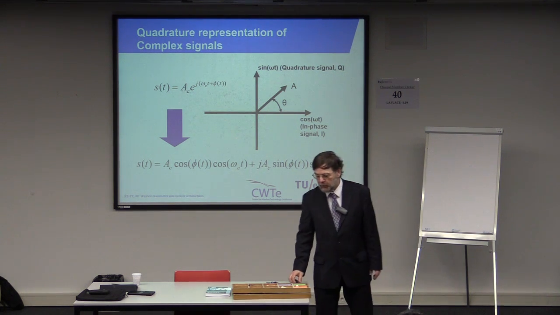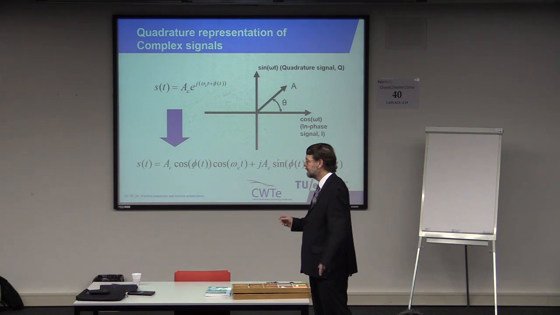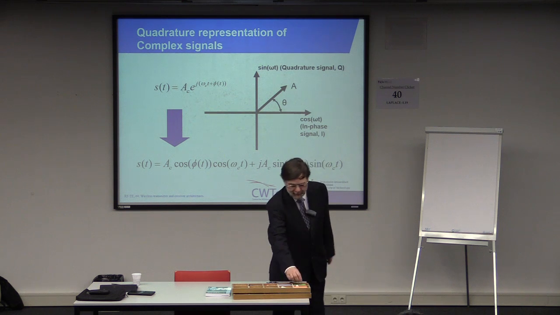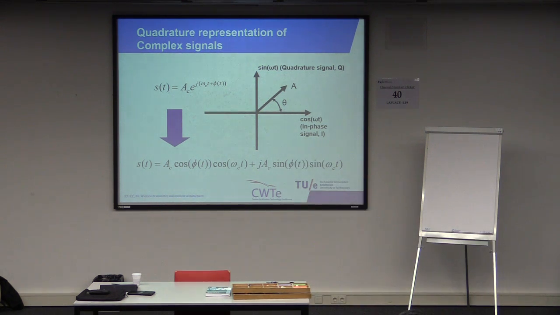And what you get is, it would be nice to have a marker, but I guess, if this is time, and I have my I signal and my Q signal, then if I have a signal like this, I would draw this as starting with I equals 0 and Q equals 1.